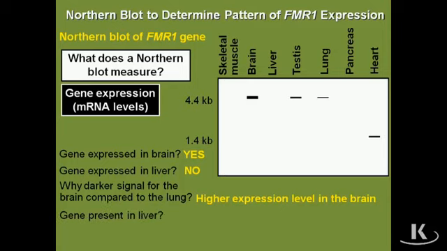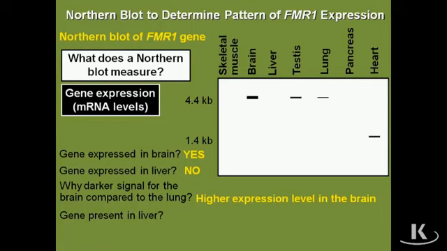All right, now let's look at the fact, is the gene present in the liver? Is there an FMR1 gene in the liver? You go to the liver and you don't see a signal. So what's your answer? Is this gene present in the liver? That's kind of a trick question, isn't it? Because northern blots don't tell you whether the gene's there or not. It simply tells you about expression levels.